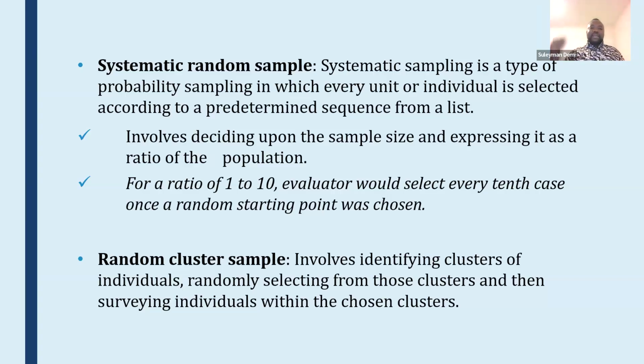Then I have to determine where I should start. Even I can close my eyes and put a pencil on a number. Let's assume that I put my pen on number 5. It means I'm going to count every 5 items and pick them as part of the sample.